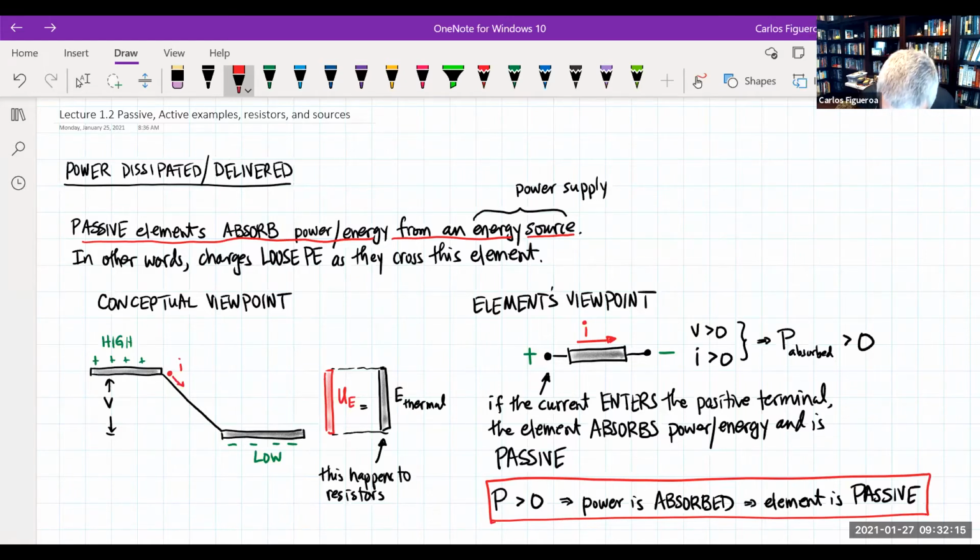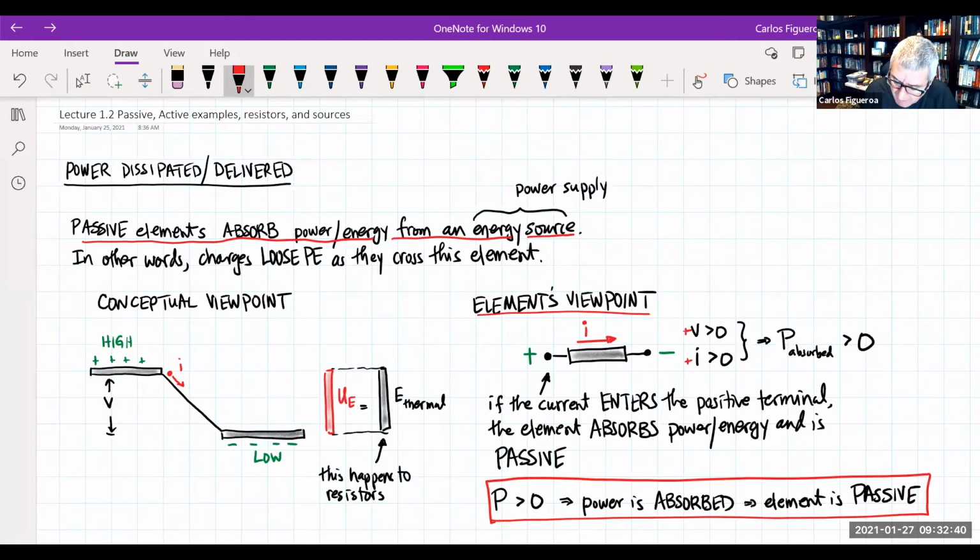So now when I go and look at the element viewpoint, you could see that the high is the positive, the low is the negative. So if a current goes from the positive to the negative terminal, the sign convention is that the voltage is positive and that the current is positive.